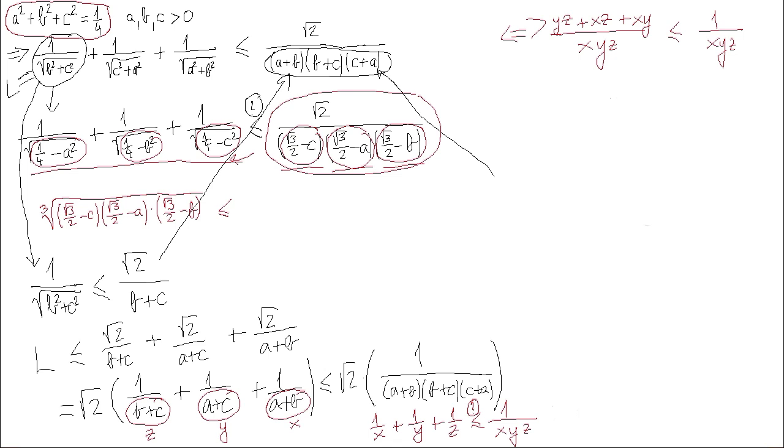These are all positive numbers, so we can multiply by xyz and maintain the inequality. So this is equivalent to yz plus xz plus xy less than or equal to 1.